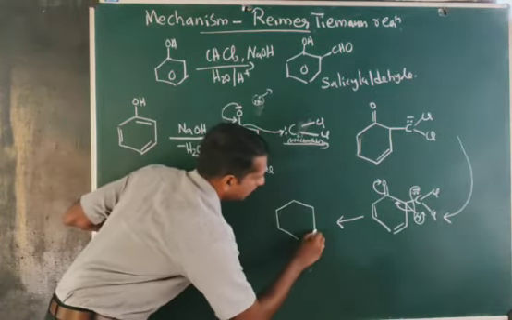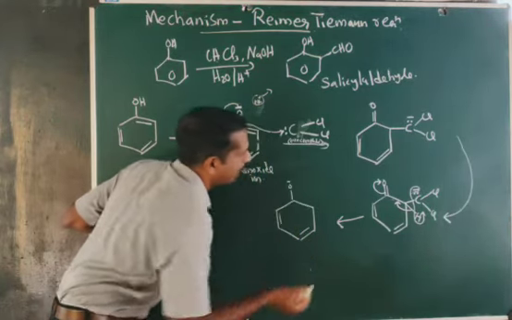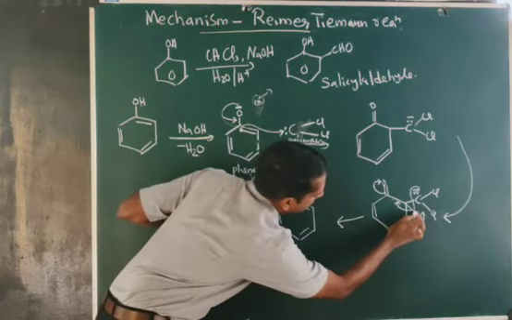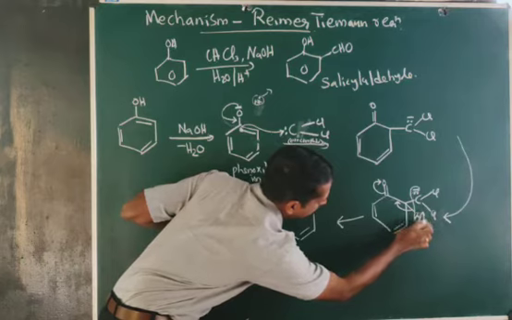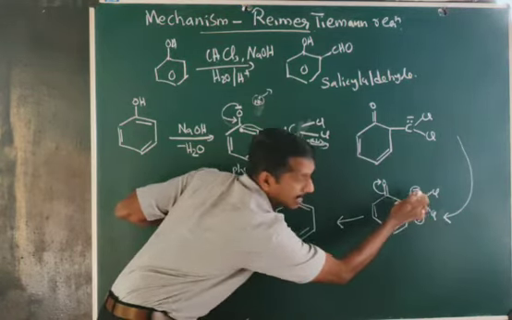Look at it here. Here it is like this. And here again it will become O minus, and here it will become a double bond. Only this H, the proton, is taken by this carbon. Why is this carbon taking this proton? Because the carbon is getting a negative charge.